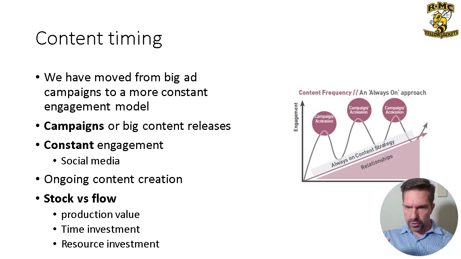So you go from just having these big bangs and nothing in between, which is the traditional advertising model, to having those big campaigns, like if you're posting a new video a month, but then in between, you still need to keep up the interaction with your customers. So you move to having different sources of interaction, some of which are more continuous and some of which are a little more punctuated over time.